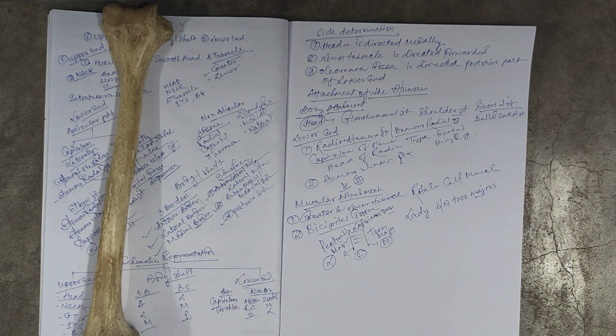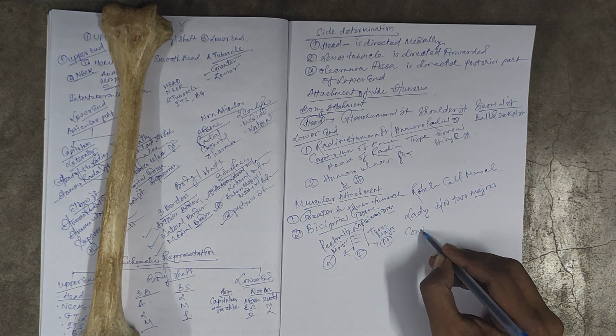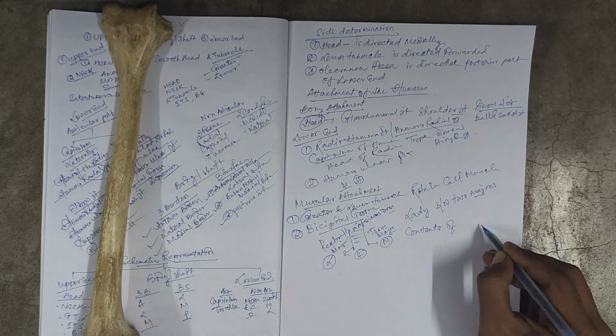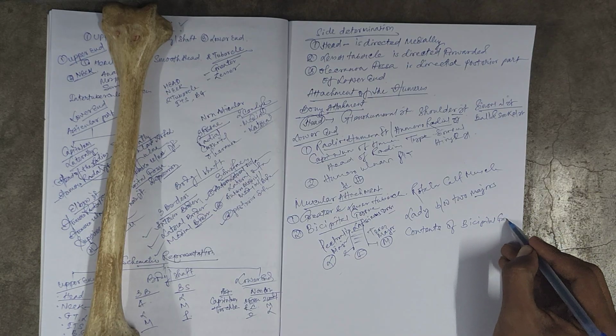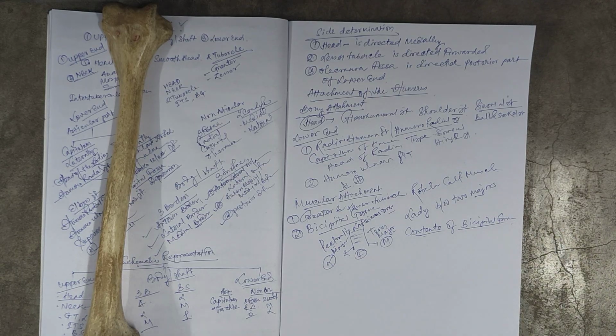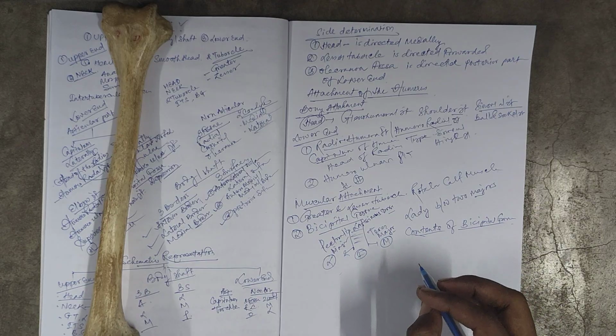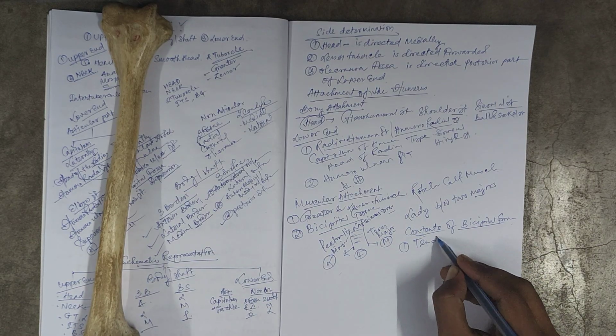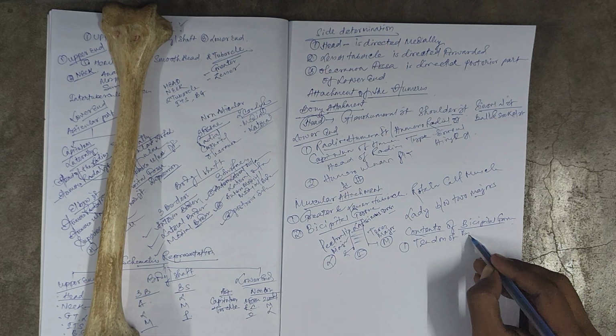Now we will discuss the contents of the bicipital groove. This is very important. This is a favorite viva question. So what are the contents of the bicipital groove? First, the tendon of biceps brachii.